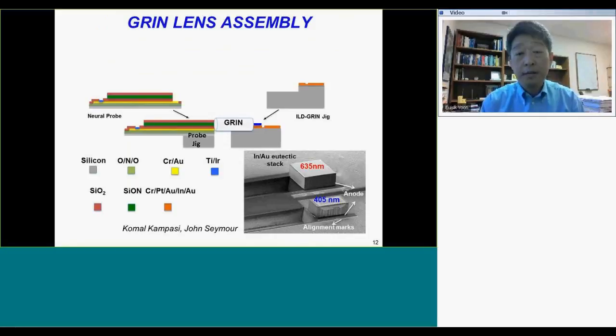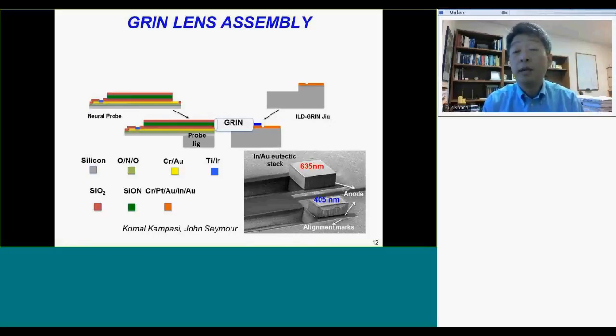This is the schematic of the structure, a typical Michigan probe with the optical waveguide integrated on top. This is the jig that we made through micromachining, etching a hole where we can place the GRIN lens.